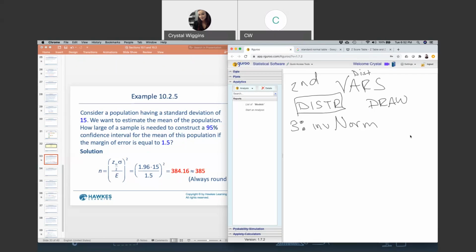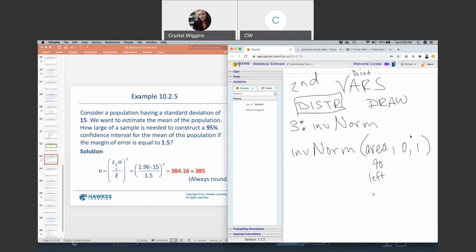Okay, so we select inverse norm. If you have an older calculator, it's going to bring you to the home screen where it's just going to kind of be blinking there like, hey, fill me in. You need to know that this is area to the left, which is what I just showed you with the picture of how to calculate the area to the left. And then you need the mean and the standard deviation, which we know, since this is calculating Z standard scores, are always 0 and 1. So we don't have to question that.